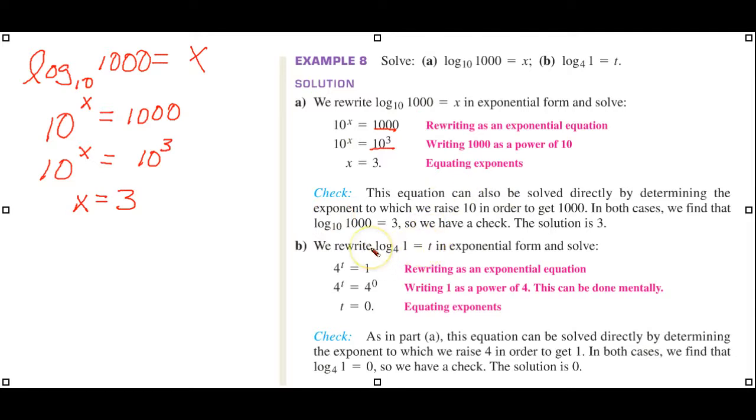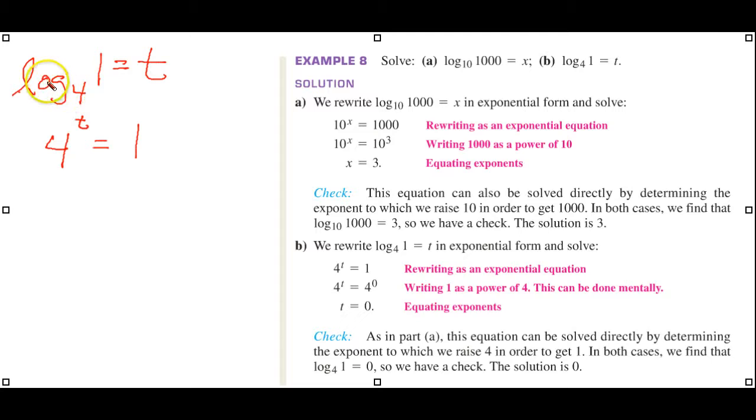Now let's get to B. So here is our initial equation, log to base 4 of 1 equals t. Remember, t is our exponent, and that will result in 1 on this side. 4 is our base. So 4 to the t power. What would be the exponent of 1?